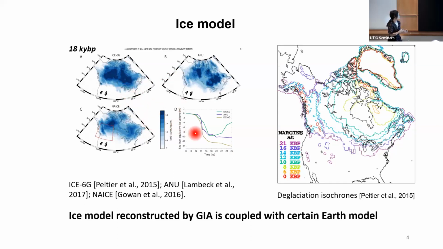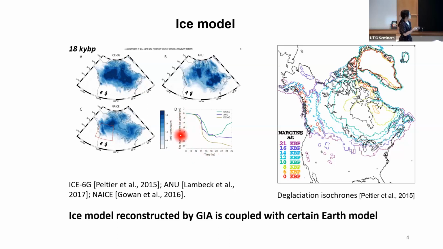They differ a lot. Also, if you compare the time series of the sea level equivalent ice volume, which is basically the amount of ice melted water distributed constantly in the ocean globally, they differ a lot, right?